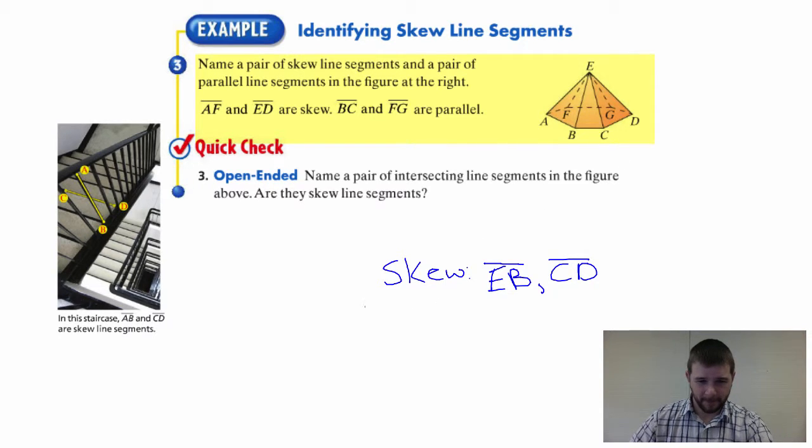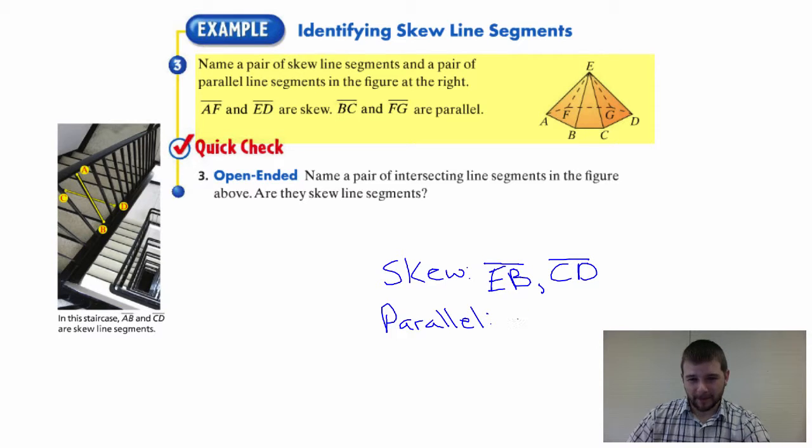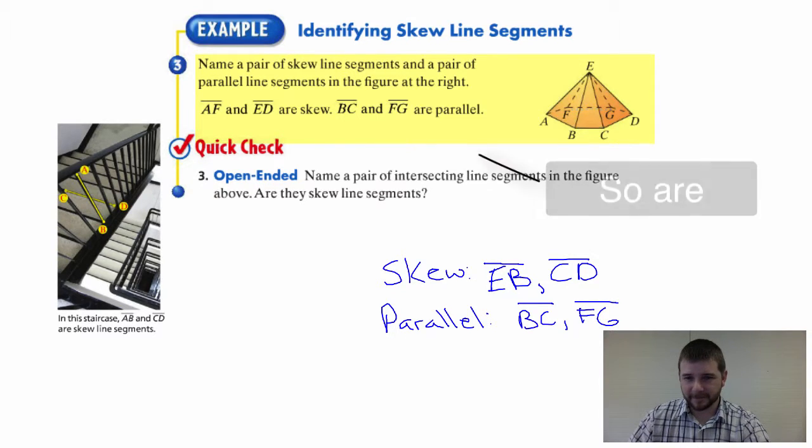Well, I see some. So parallel line segments can always be thought of as being in the same plane and never intersecting. So I'm noticing BC and FG look to be parallel line segments.